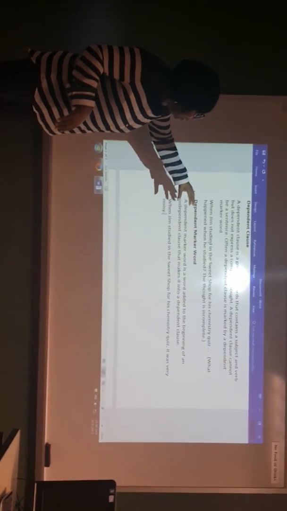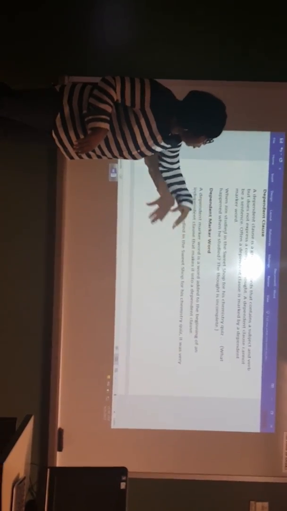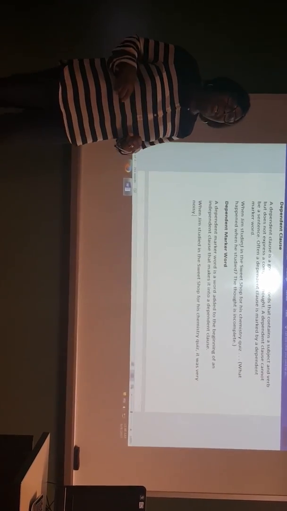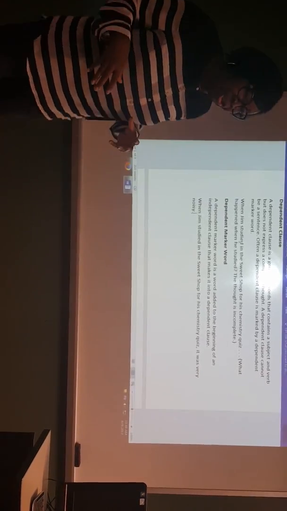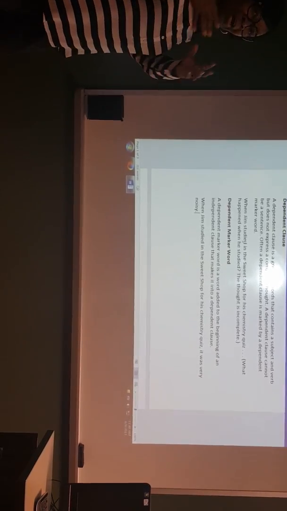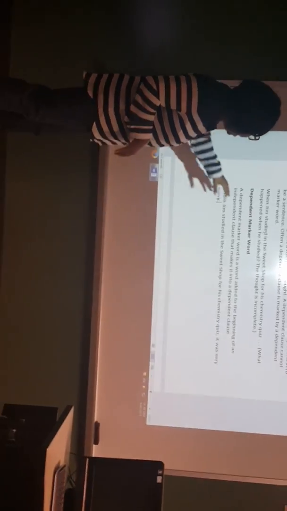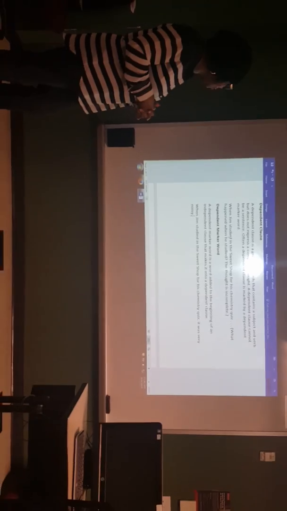Now, a dependent marker word is a word like when. When is a subordinating conjunction. When put in front of an independent clause, it makes that clause dependent instead of independent. A dependent marker word is a word added to the beginning of an independent clause that makes it into a dependent clause.